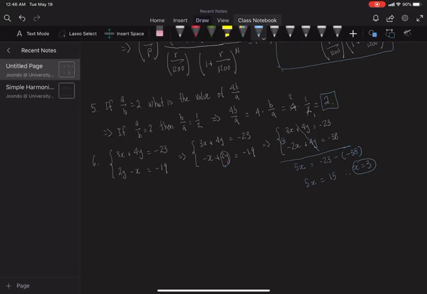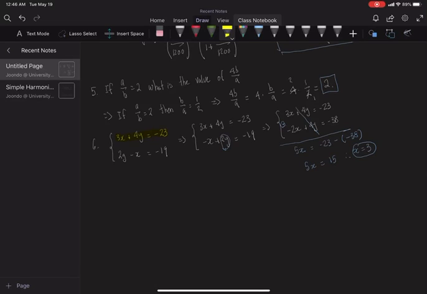Now, if we have x equals 3, we can find other values. So let's plug this into the first equation here. Let's plug into this equation, right? And by plugging in, we get 3 times 3, right?